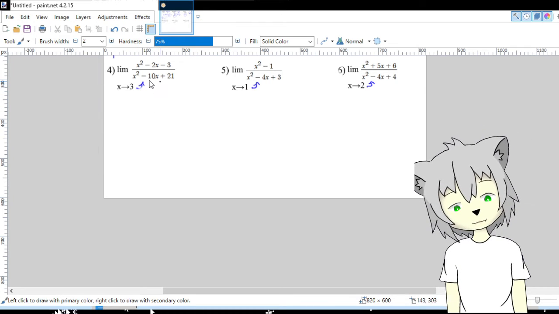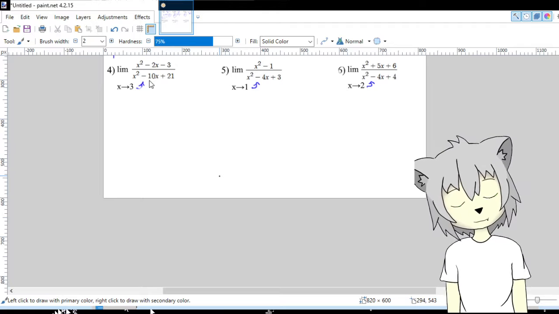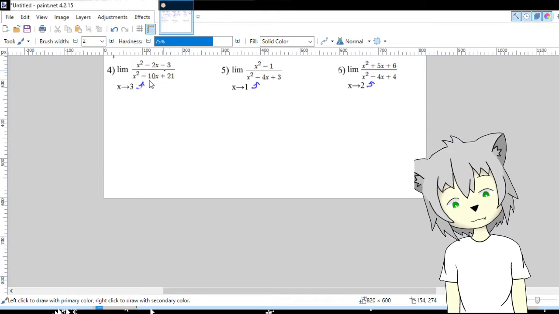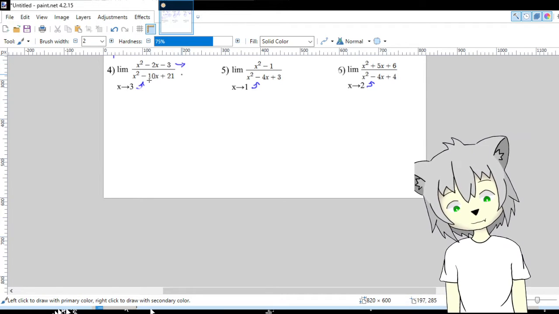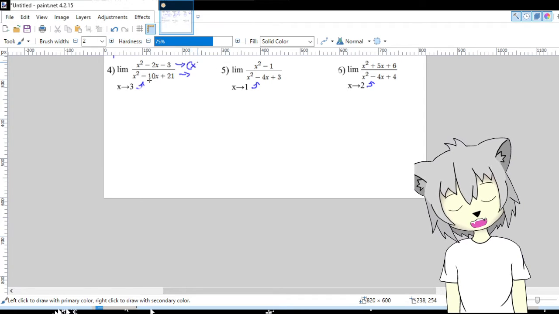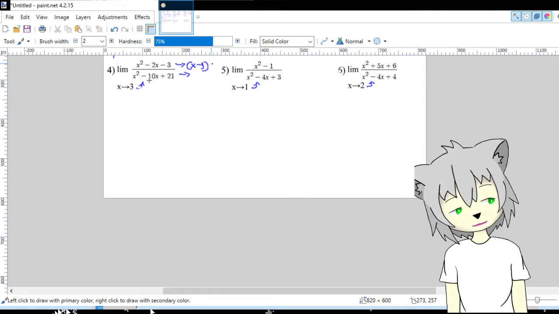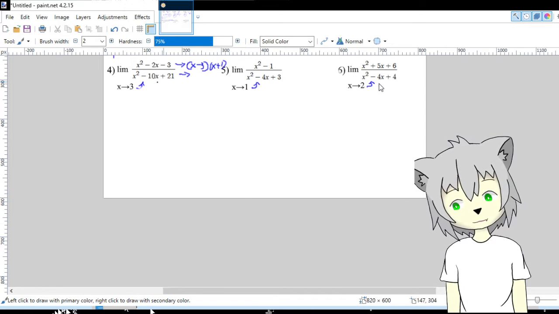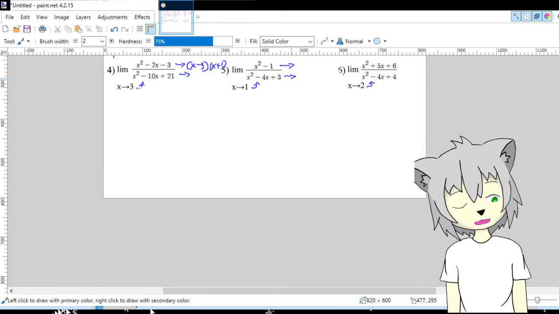But I'm assuming that you guys already know algebra, and I'm pretty sure you can factor this and this into x minus 3 and x plus 1. You can do that for this here and that there and that there.